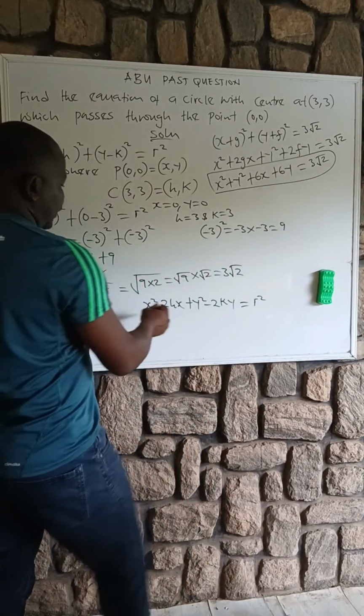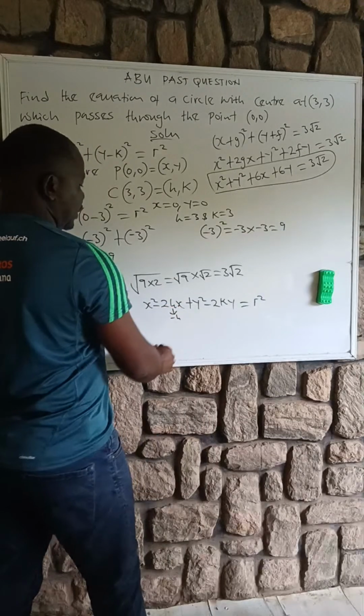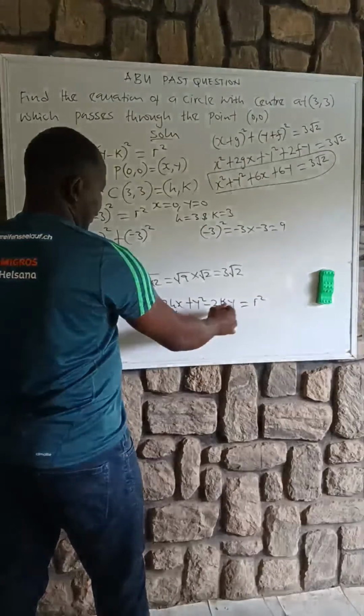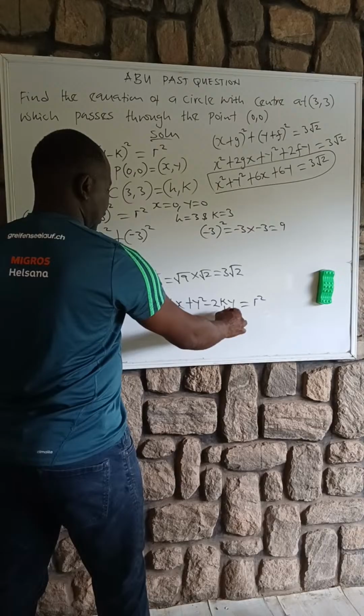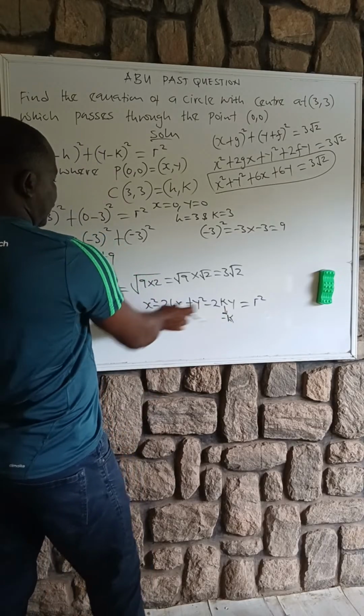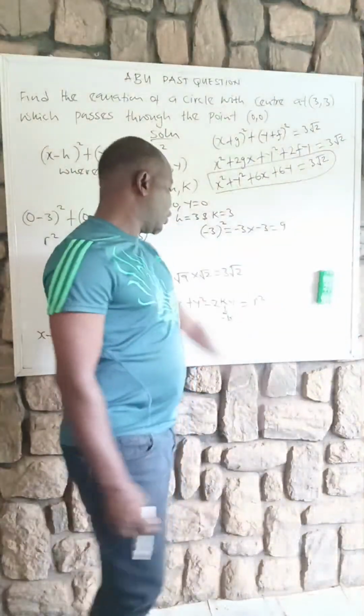So you can now see that it means here must be negative. And here too must be negative, okay?